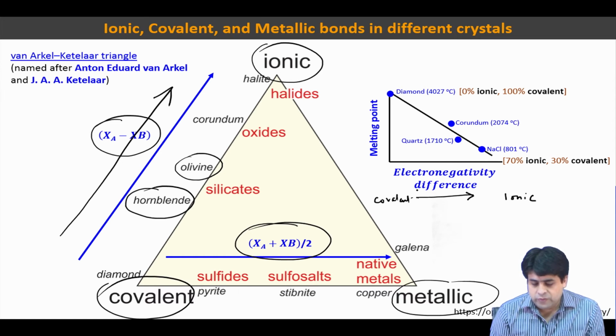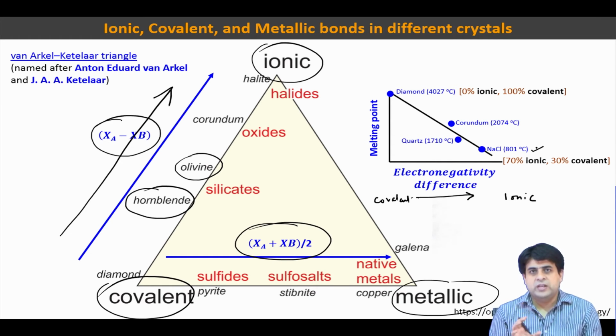Now let us see how electronegativity difference correlates with melting point. In NaCl, you have about 70% ionic character, and the melting point of NaCl is close to 800 degrees Celsius.